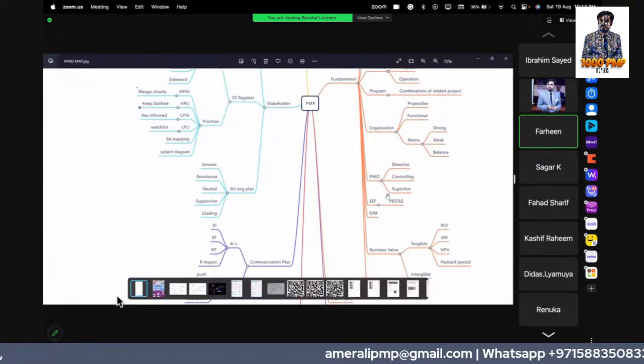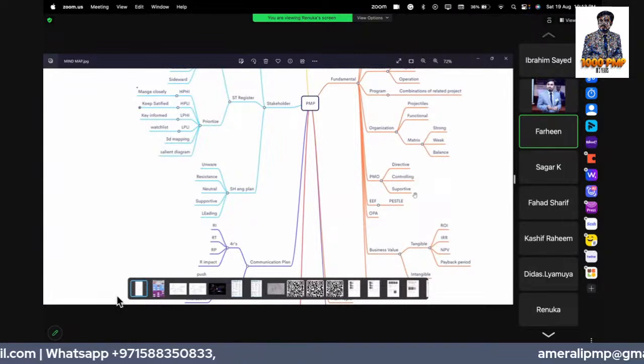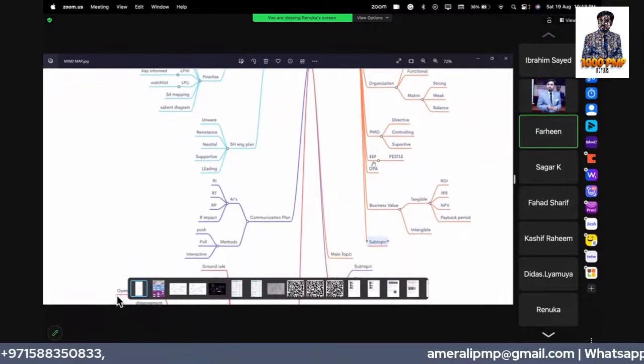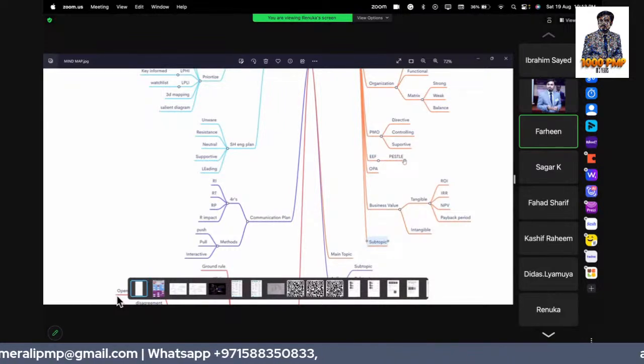Then we also defined the PMO, which is the Project Management Office. It can be of three types: directive, controlling, or supportive. In the fundamentals topic, we also covered things like the EEF, which is the Enterprise Environmental Factors.